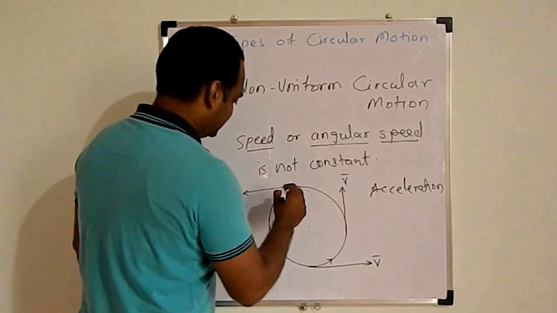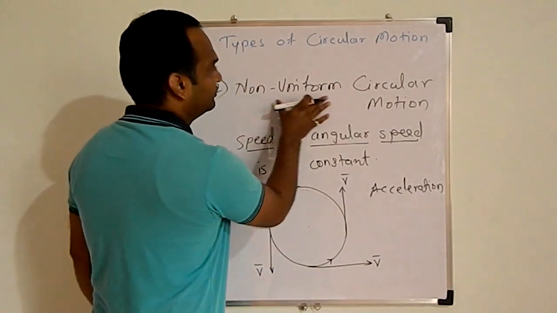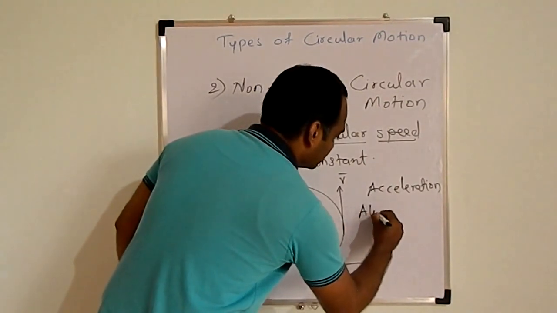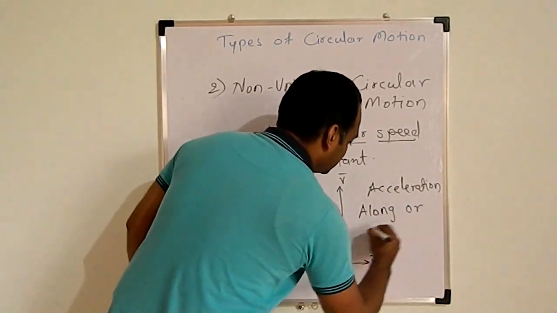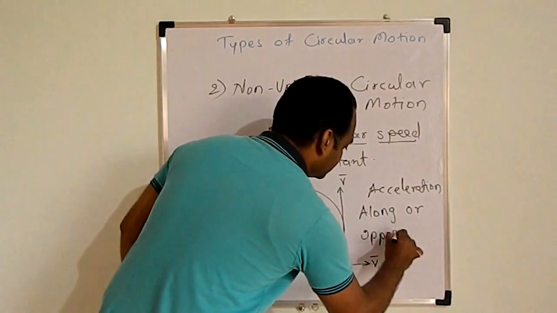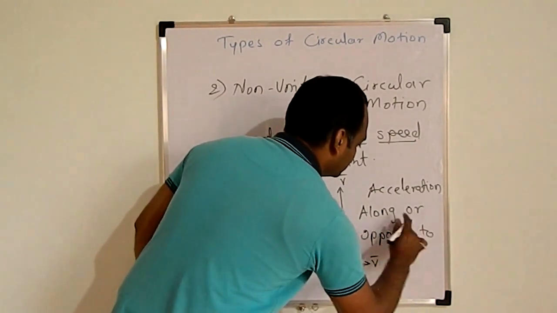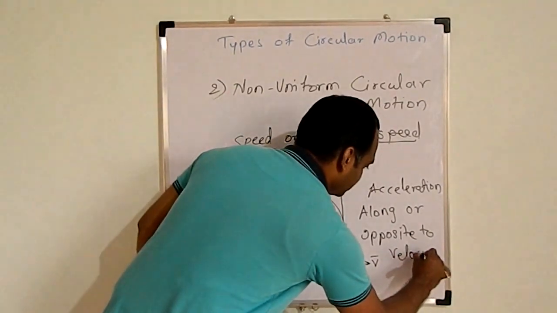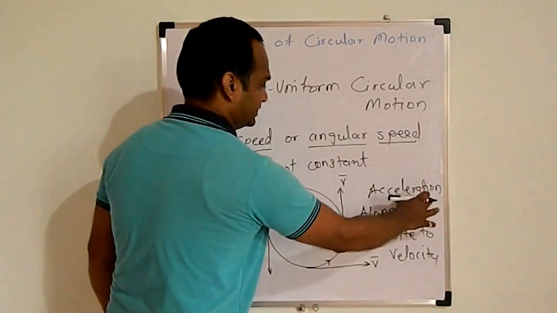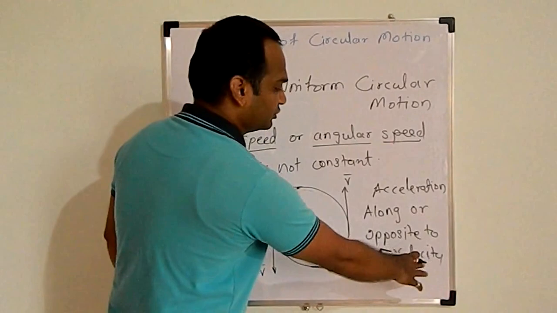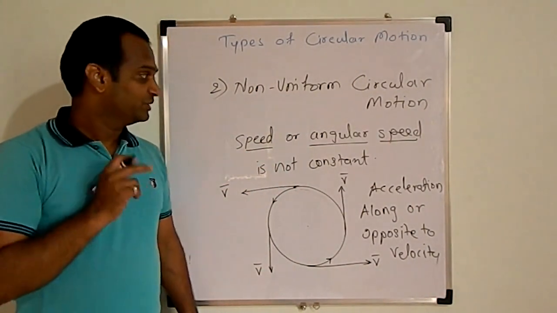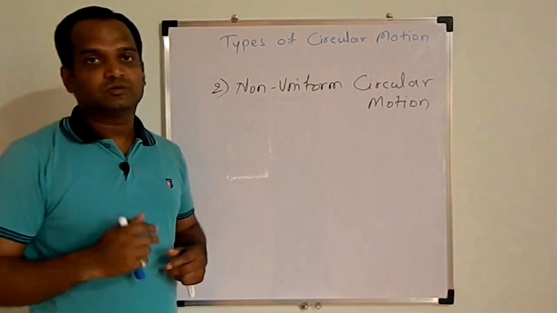The acceleration in the case of non-uniform circular motion is along or opposite to the velocity. That is why the speed or angular speed is changing. So, there are two cases.